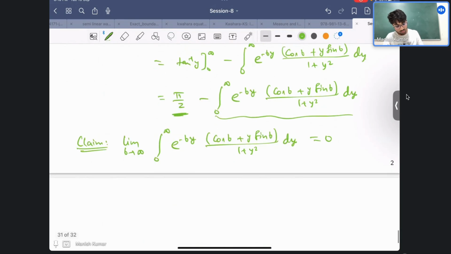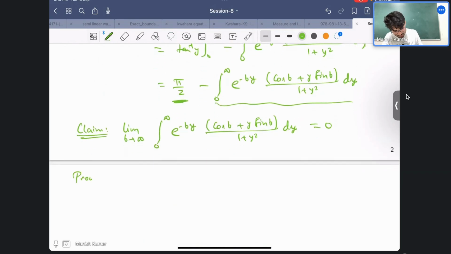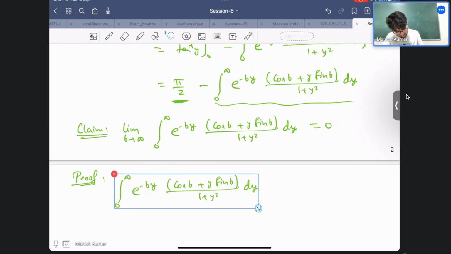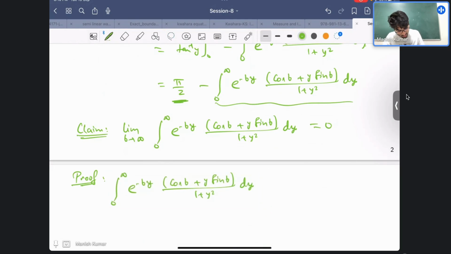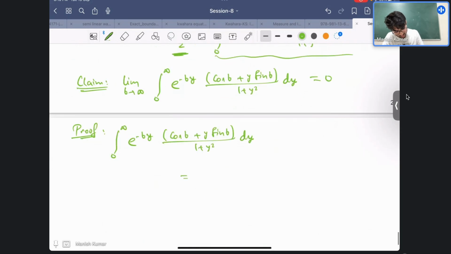So if you see this quantity, let us do a change of variable. I'm naming by as new, let's say z equal to by. If you do this change of variable, from 0 to infinity, you will have e to the minus z.